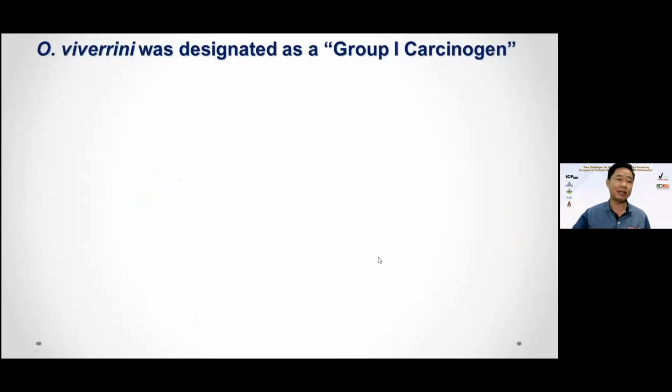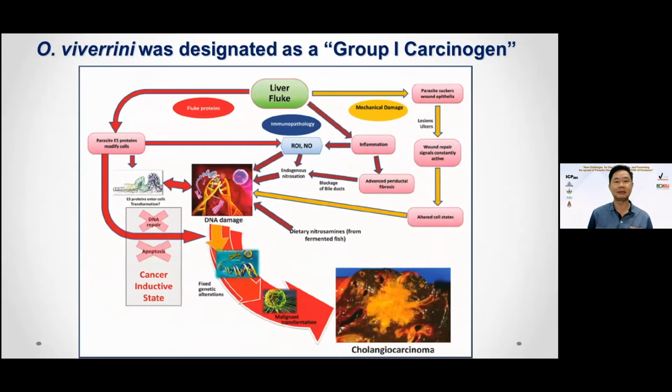As I already told you, Opisthorchis viverrini was classified as a group 1 carcinogen. Even though there is evidence from laboratory studies and epidemiology showing that the liver fluke causes cancer, the real mechanism is still unclear.